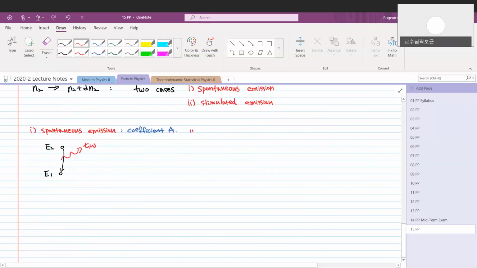And the second one is stimulated emission.